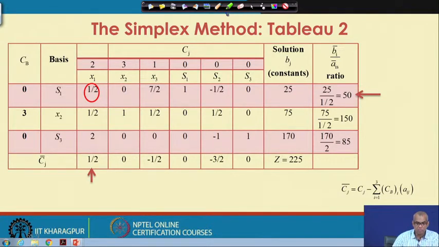So, what are the non-basic variables? x1, x3 and S2. Cj bar for basic variables x2, S1 and S3 are all set to 0.